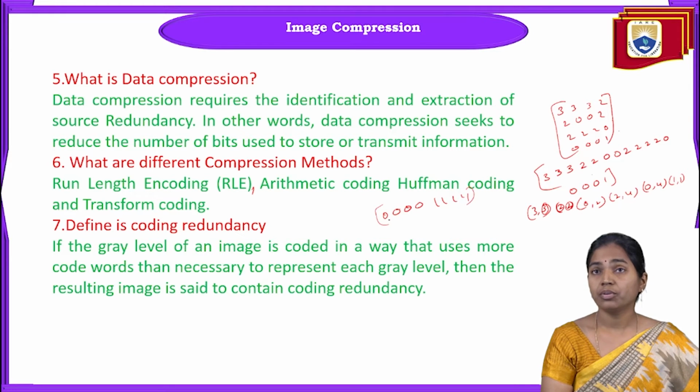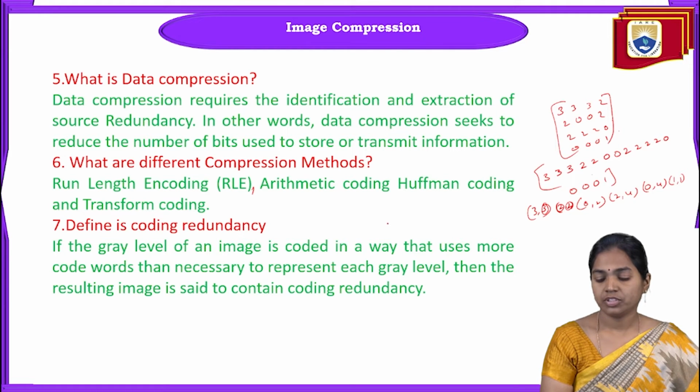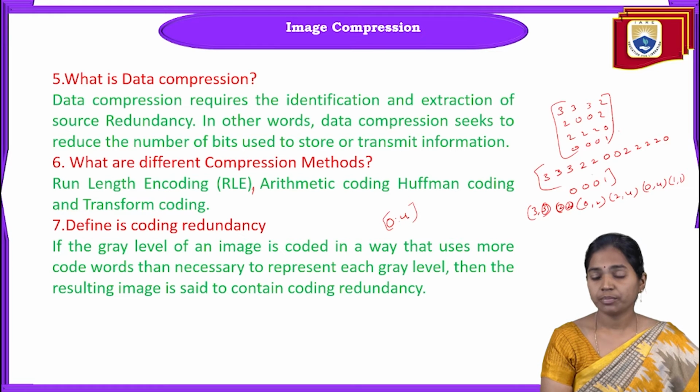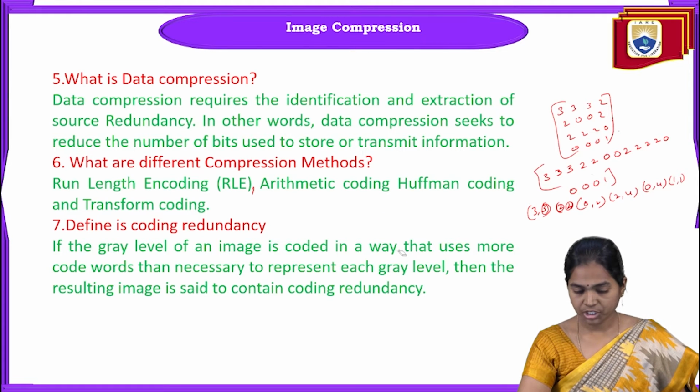Here 0 is repeated continuously four times, so we represent it as 0 comma 4. If any redundancy is there, we represent it this way, where 0 is the pixel value and the occurrences are 4 times. This is the coding redundancy in image compression.